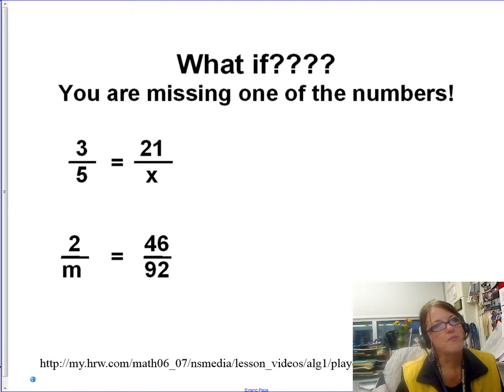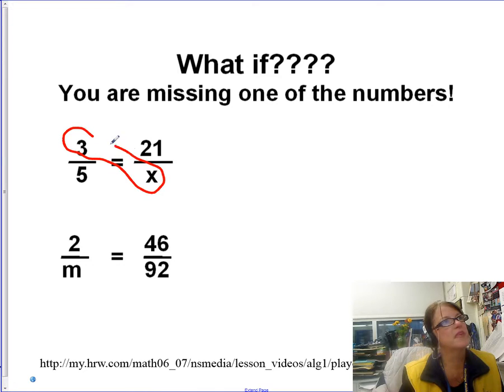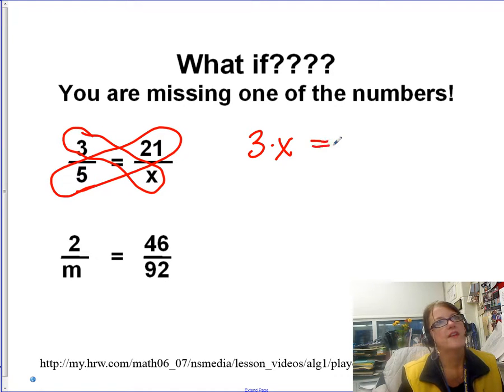The reason I have you practice that is because now we have a variable. Sometimes you're going to see it, but algebraically, I want you to think of the cross products. 3 times x has to equal 5 times 21.